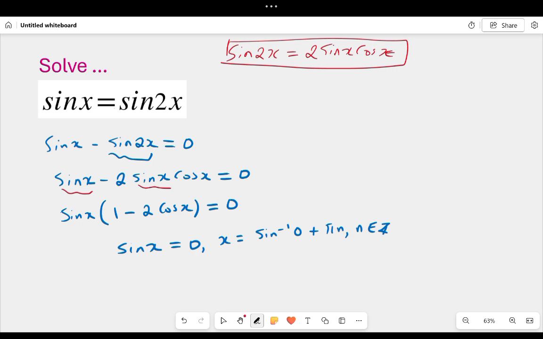So the sine inverse of 0 is actually 0 degrees. So x is equal to 0 plus pi n.